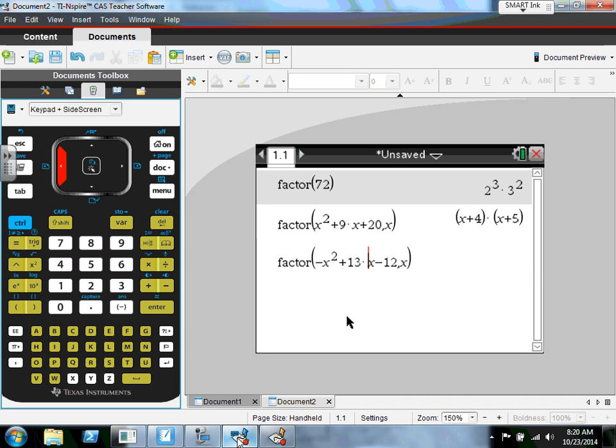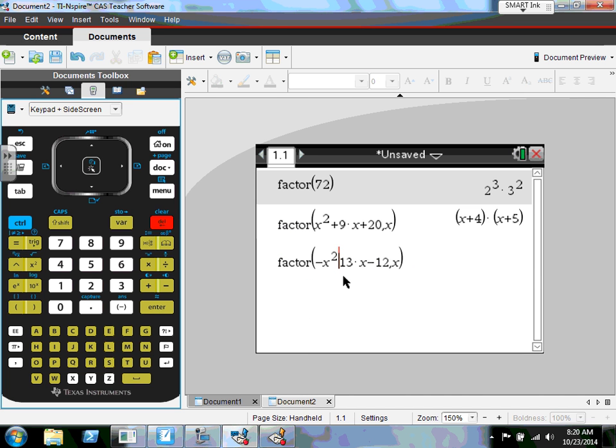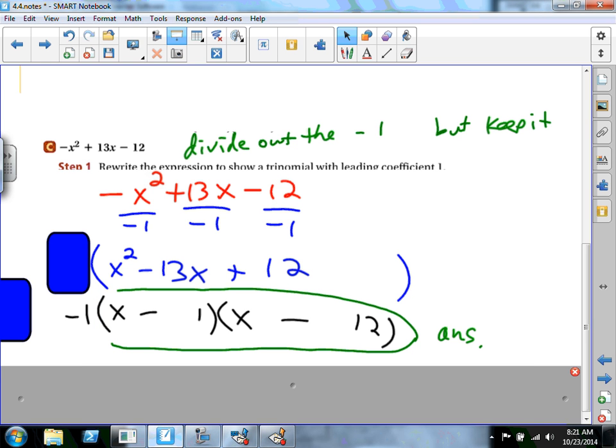Okay, bam. See how it puts the negative sign out front? We need to have that negative sign out front. If you don't, it's wrong. So rather than writing a -1, let me just put a negative sign out front. And so that's my answer. Everybody okay with that one?